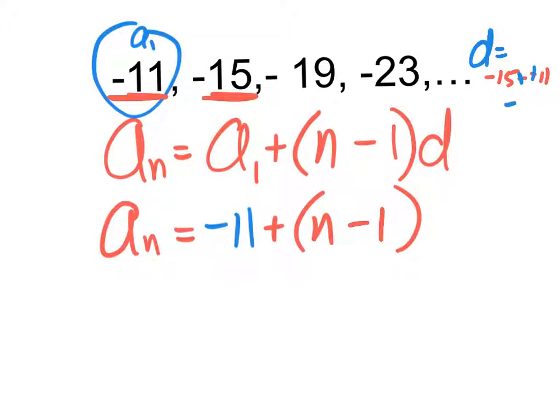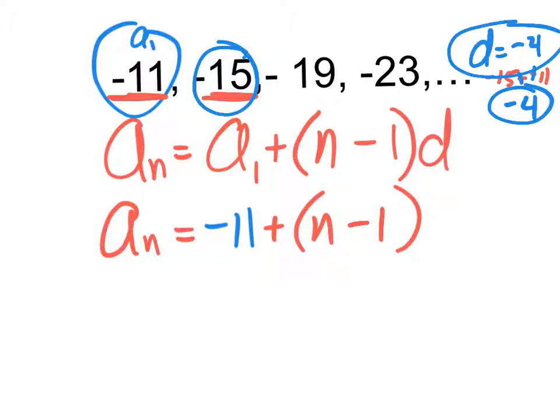That's really negative 4. Thank you very much. So the common difference is negative 4. Again, you take a number and subtract the one right before it. So negative 15 minus a negative 11, it's really negative 15 plus 11, which gives you a negative 4. So the common difference that belongs on the outside of the parentheses is negative 4 that you're going to be multiplying by. You have to put it in parentheses so you remember that you're multiplying.